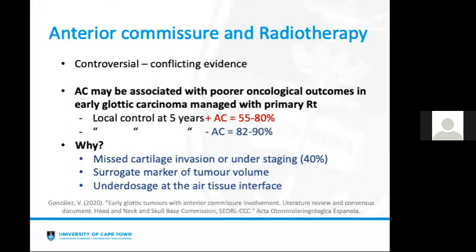And there's further reported risk of underdosage at the air tissue interface due to the superficial proximity of the anterior commissure, leading to poorer coverage of the prescribed dose, with some oncologists advocating for an increased dose by a factor of 2 gray for this subsite.